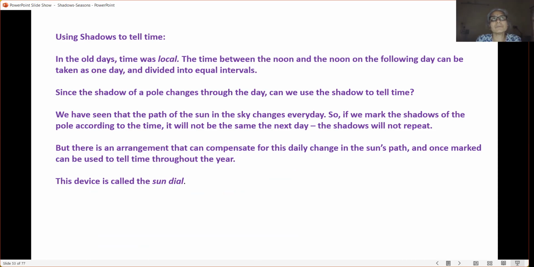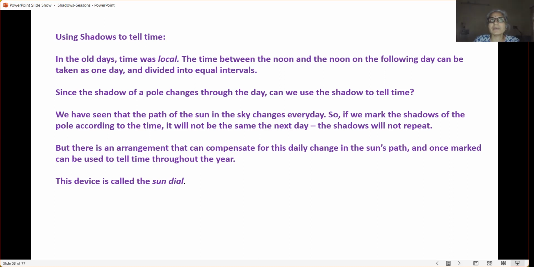Okay? So you can use shadows, but we've seen that the shadow of a vertical object changes from day to day because the path of the sun is not the same. The arcs are different. Every day the arc of the sun's path changes a little in the sky.